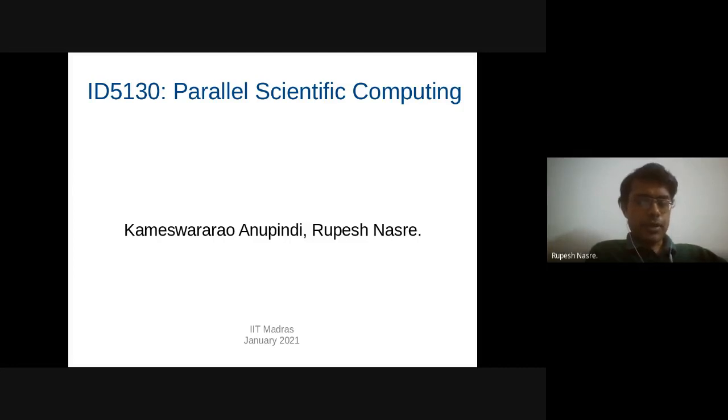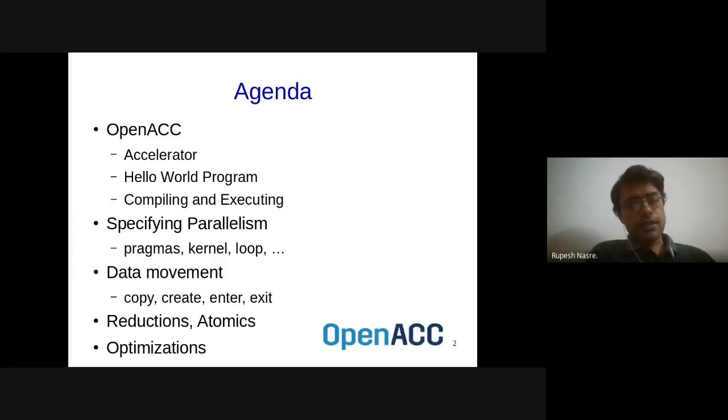So let's begin. Our overall agenda is that in the context of OpenACC, we are going to look at what is meant by an accelerator. Essentially, ACC stands for accelerator. We'll look at a small Hello World program first and see some of the nuances of running your program using an accelerator, and also some aspects of compiling and executing the program.